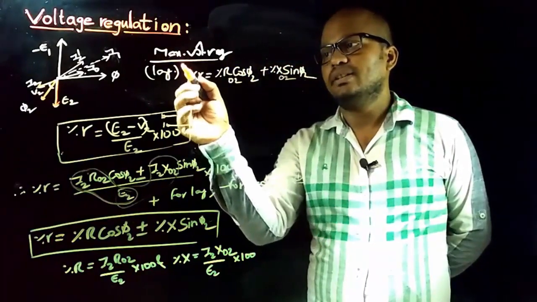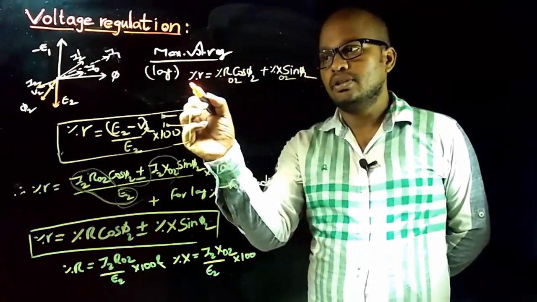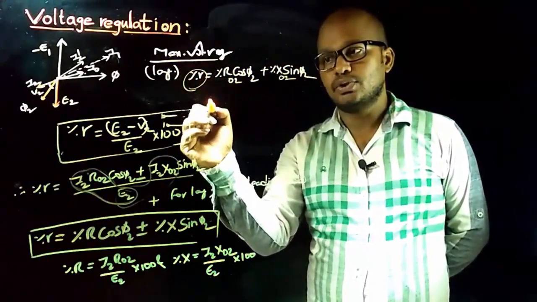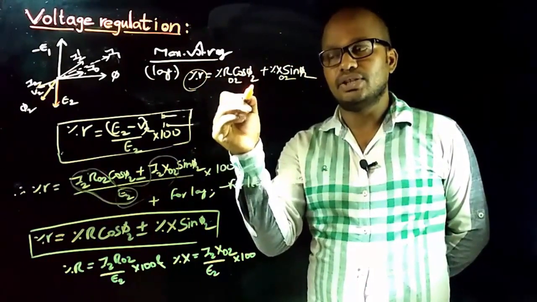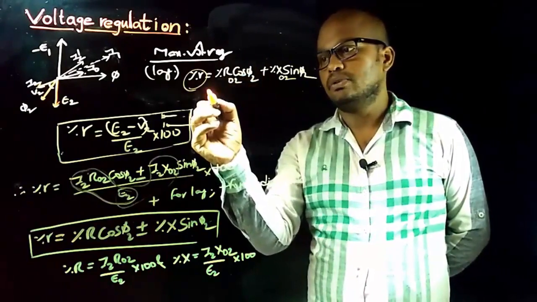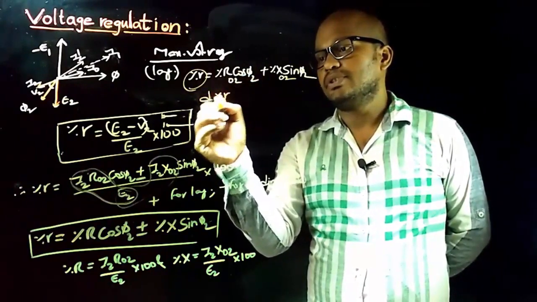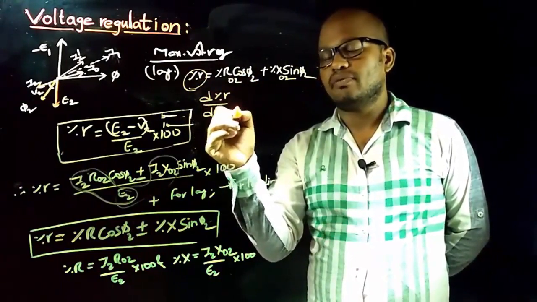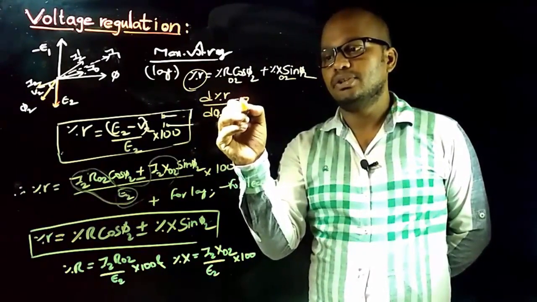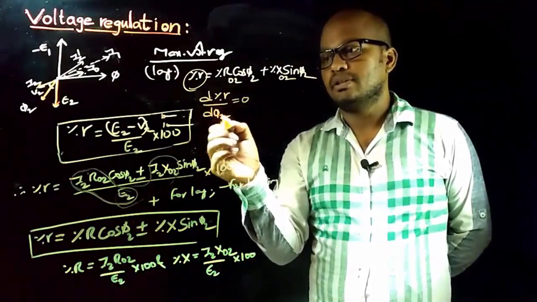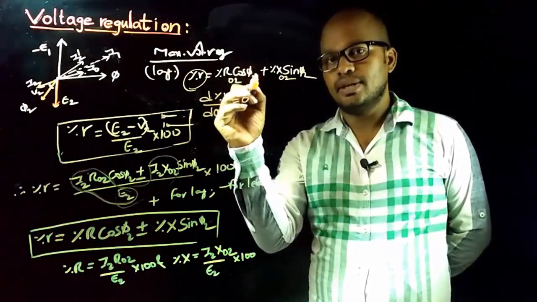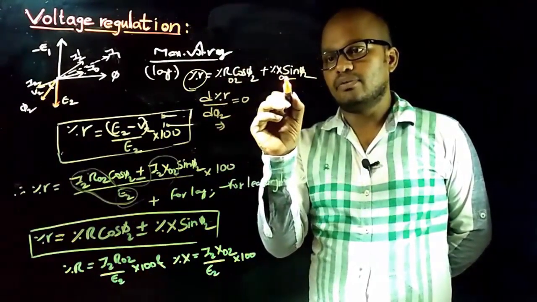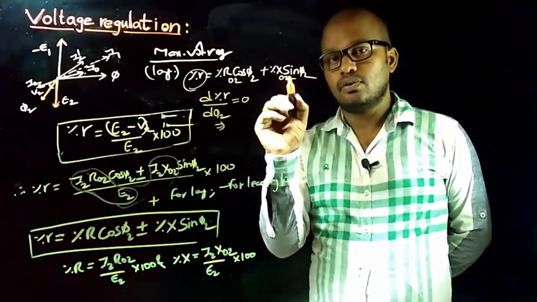Now, to get the condition for maximum voltage regulation, differentiate this with respect to power factor angle phi 2 and equate to 0. Differentiating percentage regulation with respect to phi 2 and equating to 0, the differentiation of cos phi 2 is minus sin phi 2 and the differentiation of sin phi 2 is cos phi 2.